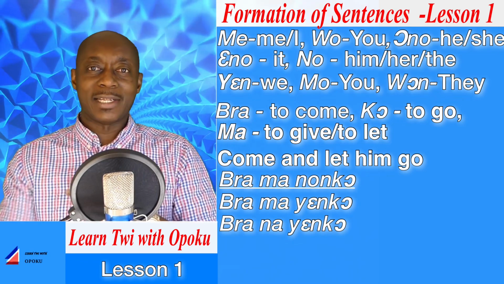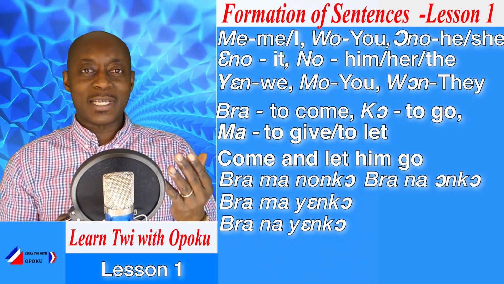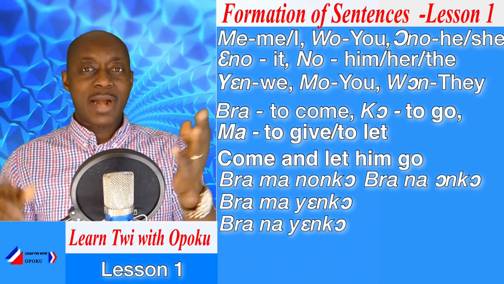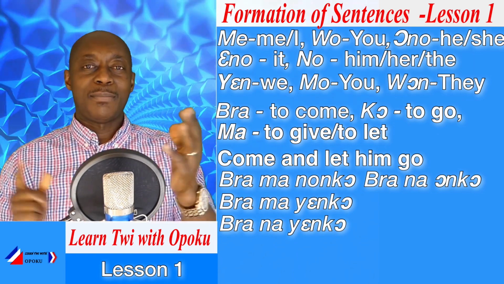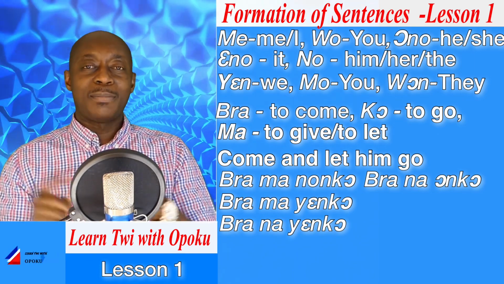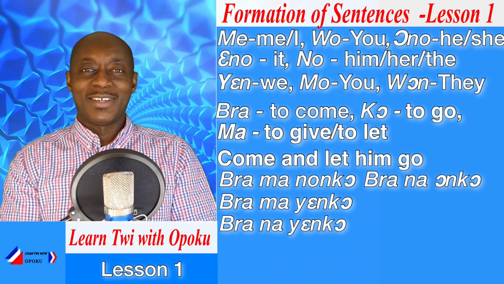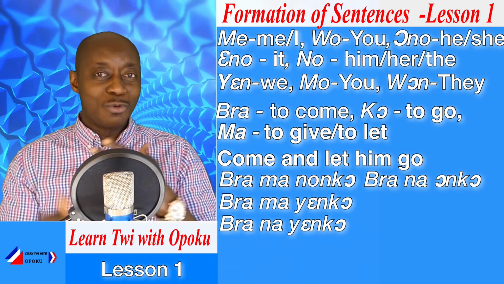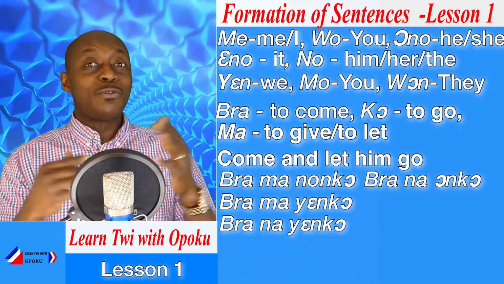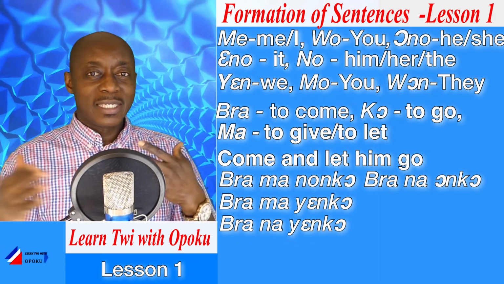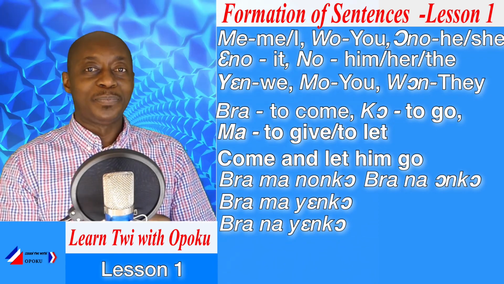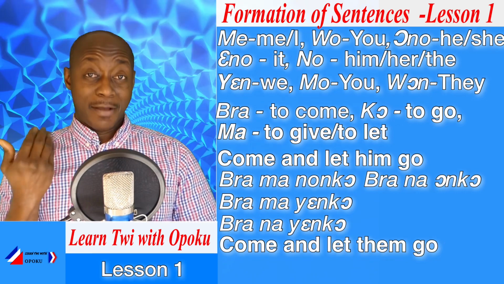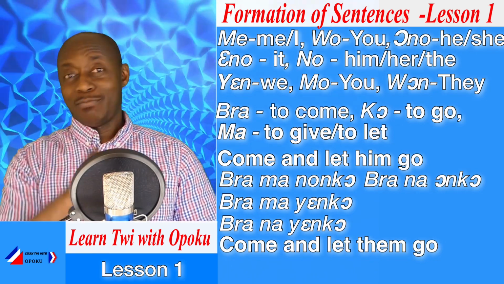Then I will say bra ɔnkɔ. Good. I think if you follow me through this series, you should be able to make some simple sentences in Twi. Good. What about saying come and let them go?